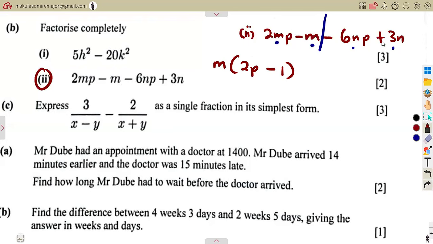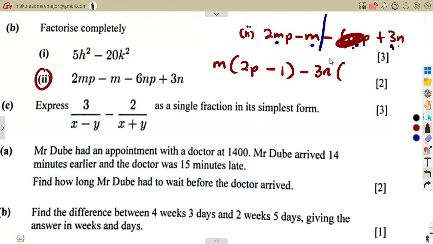So what will make this to be the same as this one? Okay, this part is a positive. There is a negative. So I'm supposed to factor out a negative so that this will be positive. Let's consider the numbers 6 and 3. 3 is the highest common factor. The terms, there's n, there's n. So you're going to factor out minus 3n.